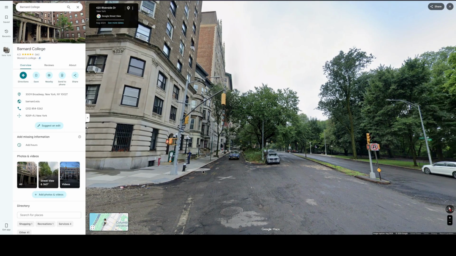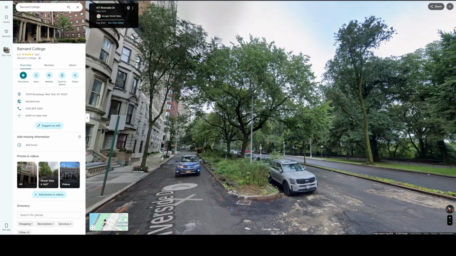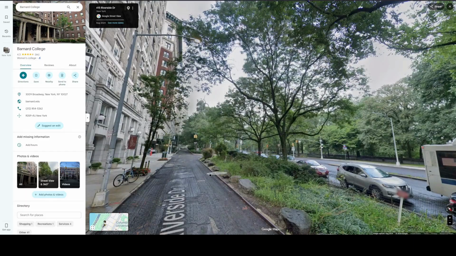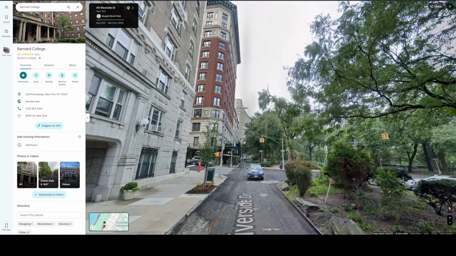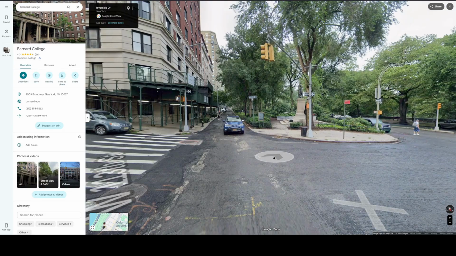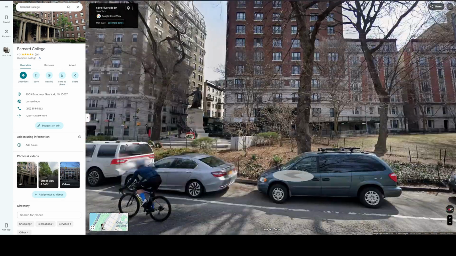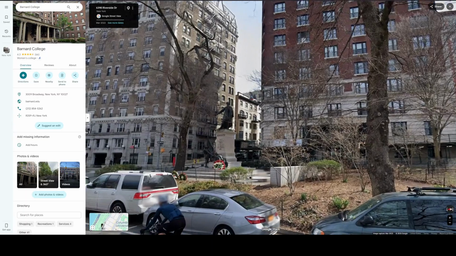If you're on the very west of the west side, obviously it's not Central Park.